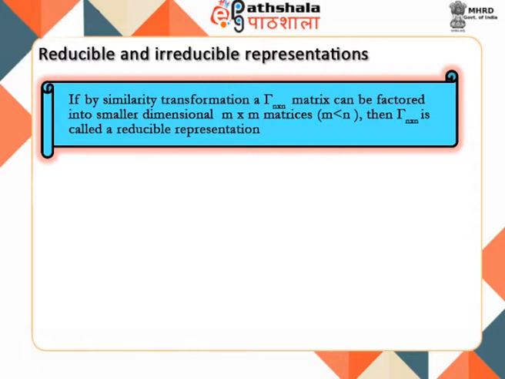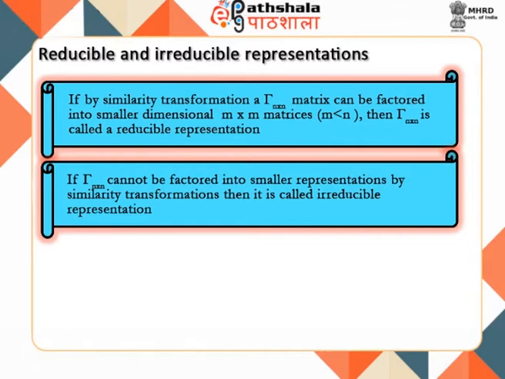Now you will learn how to reduce these reducible representations. If by similarity transformation a tau n×n matrix can be factored into smaller dimensional m×m matrices, m less than n, then tau n×n is called a reducible representation, and if tau n×n cannot be factored into smaller representations by similarity transformations, then it is called an irreducible representation.